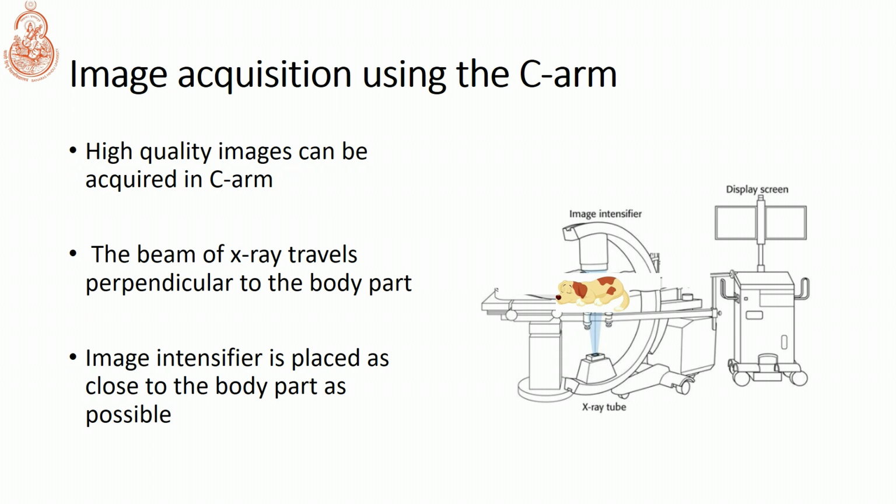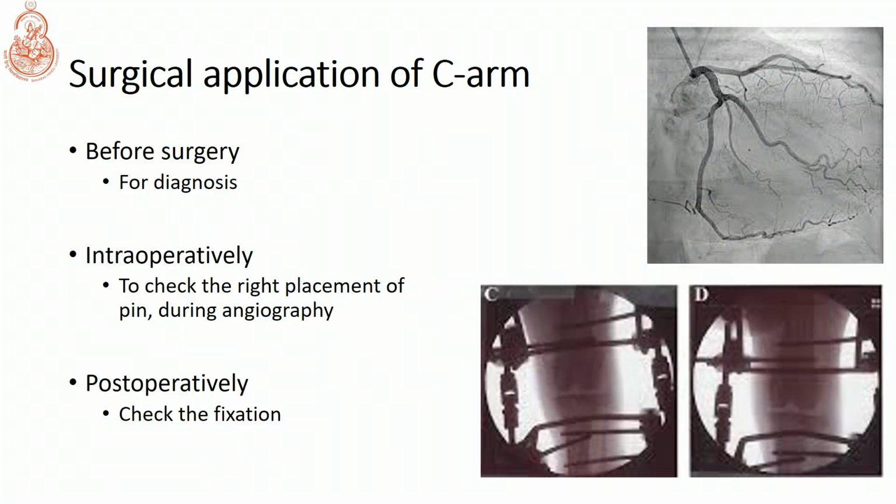And always make sure that the X-ray tube is placed at the bottom of the patient and the image intensifier is towards the top side of the patient, and the image intensifier shall be kept close to the patient.